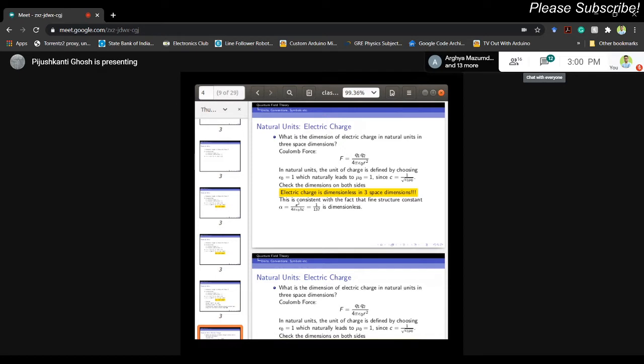Now you must have noted that energy can be expressed in terms of mass, or vice versa, mass can be expressed in terms of energy. So while studying BSc or maybe nuclear physics during MSc, you have noted that the mass of electron is expressed in terms of electron volt, mass of proton is expressed in terms of electron volt.